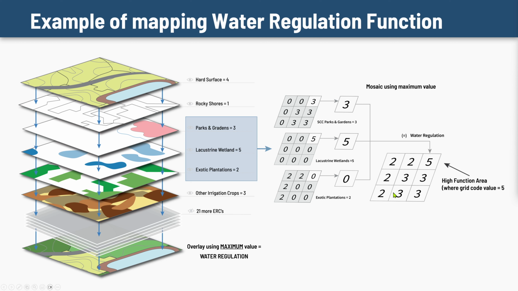The tool enables mapping of all locations where some level of that function is being performed. So it may only be a tiny bit of performance of that water regulation function, but there's also a capability within the mapping tool to just identify areas where maximum function is being performed, so a 5 out of 5 score. So let's have a look at that.